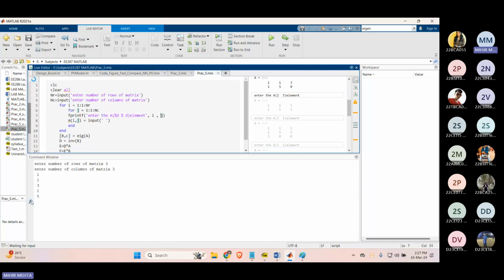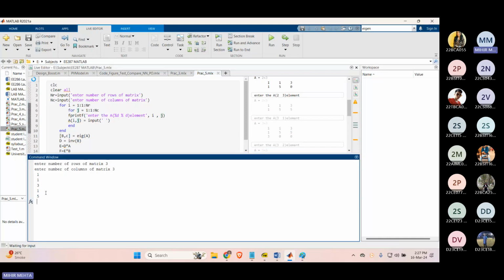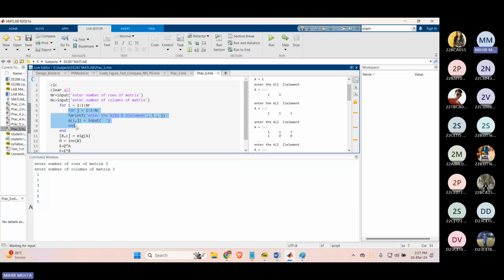As we know, the values of your second row are 155, so I need to enter another 5 here, which makes my second row elements 155. Now we are done with this particular loop. So 1, 2, 3. I cannot further increment the value of j to 4 because the limit is from 1 to 3. So once we end this, we again end this.